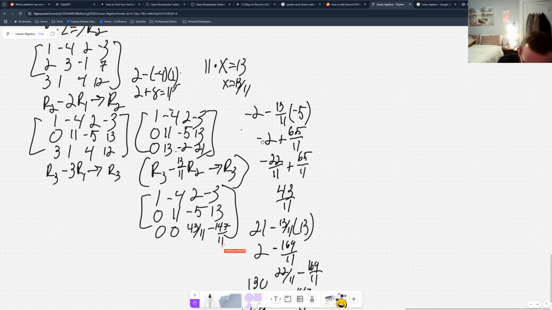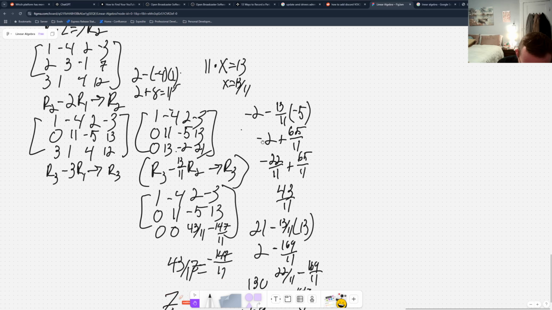Just to check our work, I'm not going to do all the math, but we're going to end up with 43 over 11 equals negative z equals negative 147 over 11.